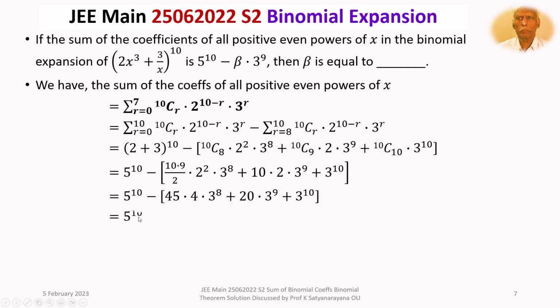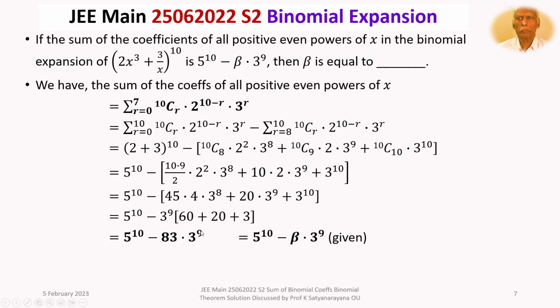So that will be equal to 5 to the power of 10 minus 3 power 9, with 3 power 9 taken out: 15 into 4, 60, plus 20 plus 3. So that is 3 power 9 into 83. 60 plus 20, 80, plus 3, 83. So that is equal to 5 to the power of 10 minus 83 into 3 power 9.